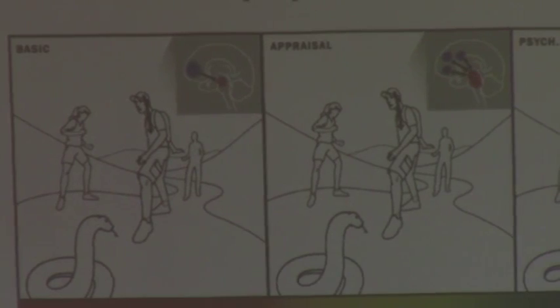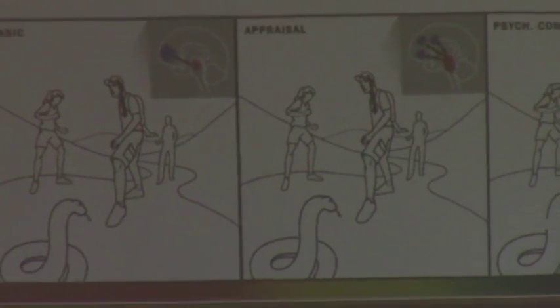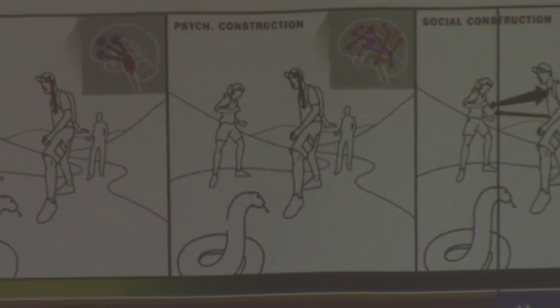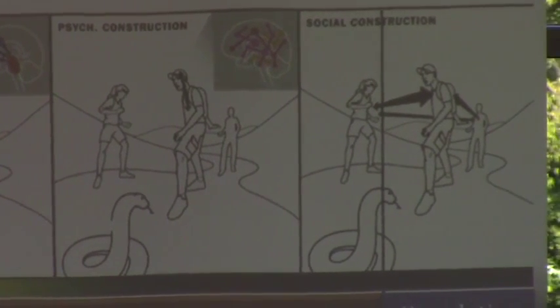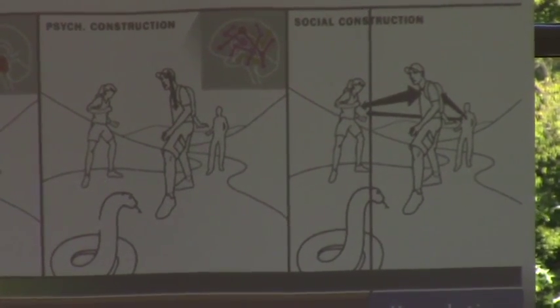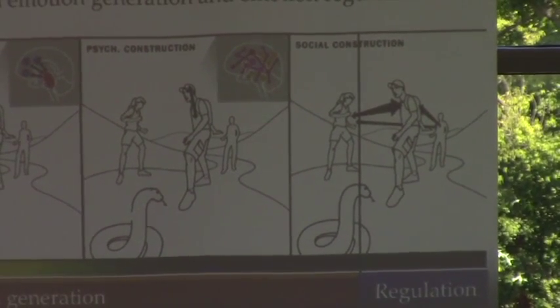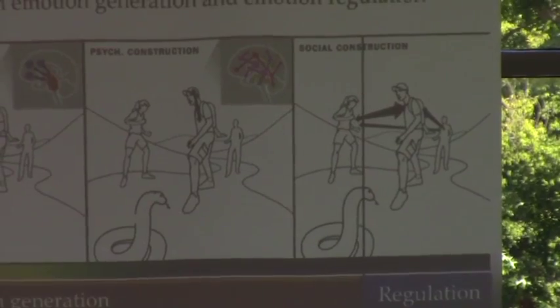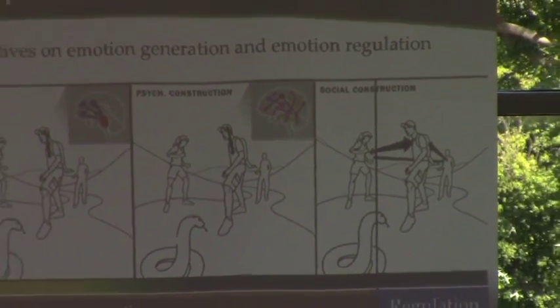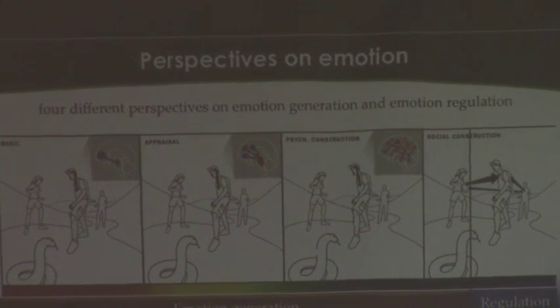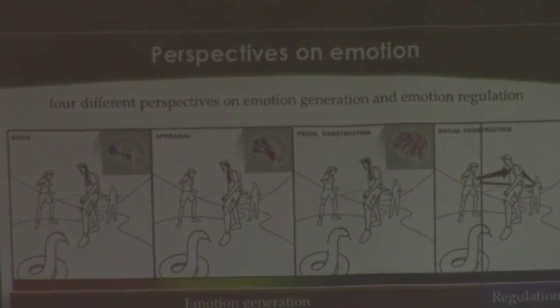It's really short connection, not really complicated. But after in appraisal, it's more complicated, and construction, it's really complicated. And after for the regulation, it's just take the social construction and appreciate to the response of emotion.